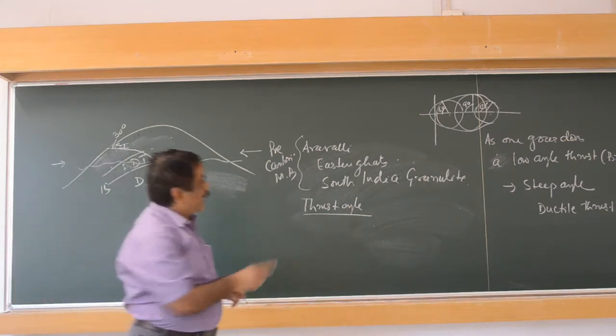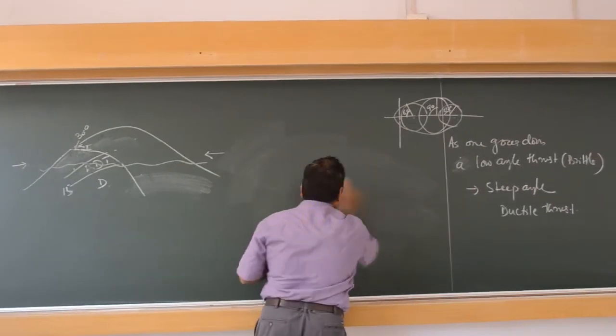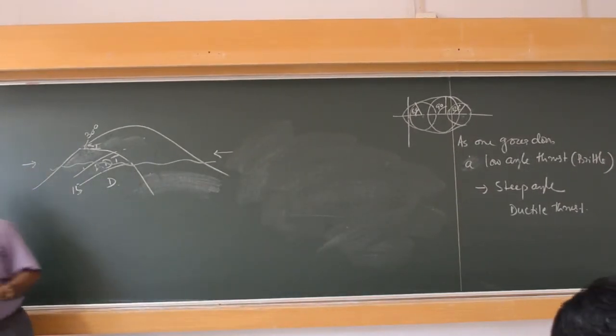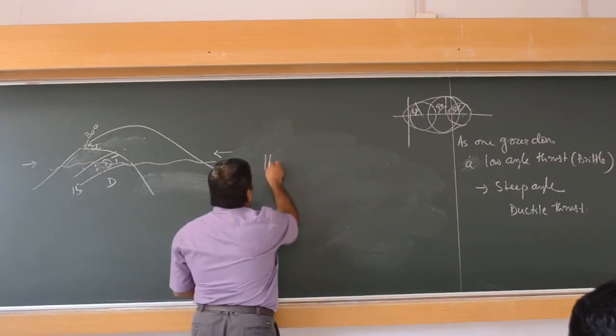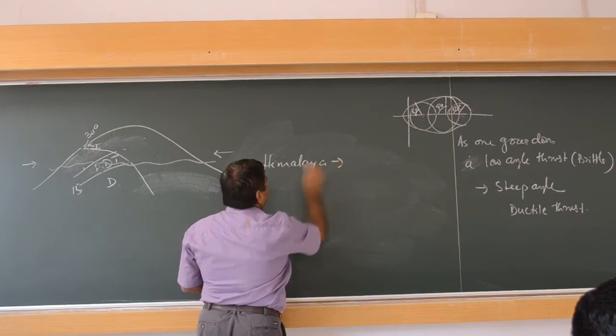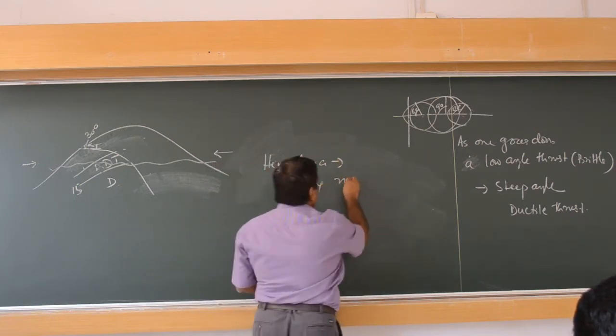Understood these things now? I will write down this point so that you will not forget what he says. In case of Himalaya mobile belt, it is a tertiary mobile belt. Tertiary means recent.